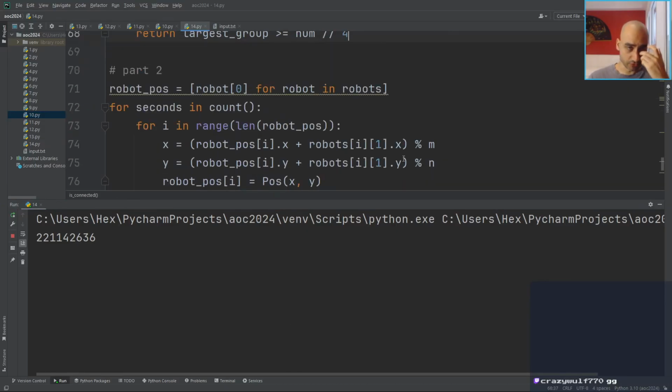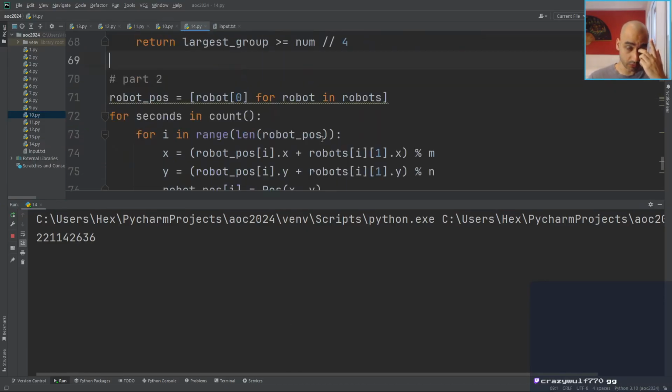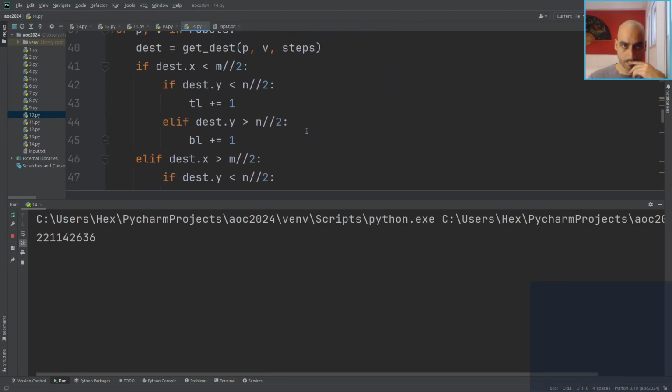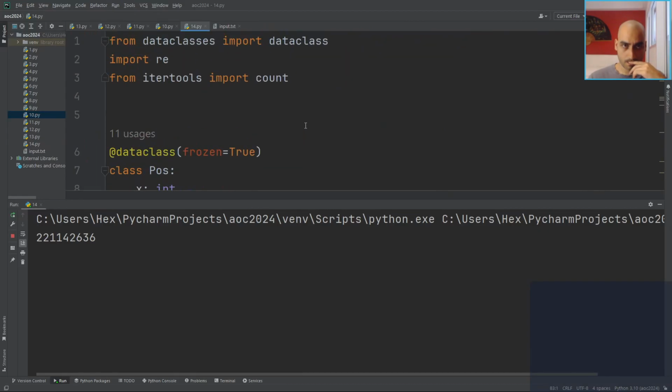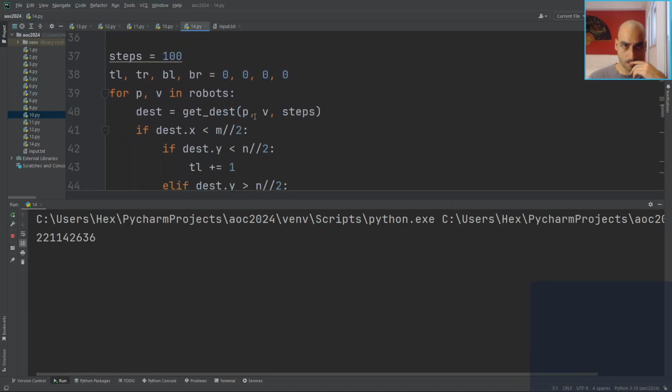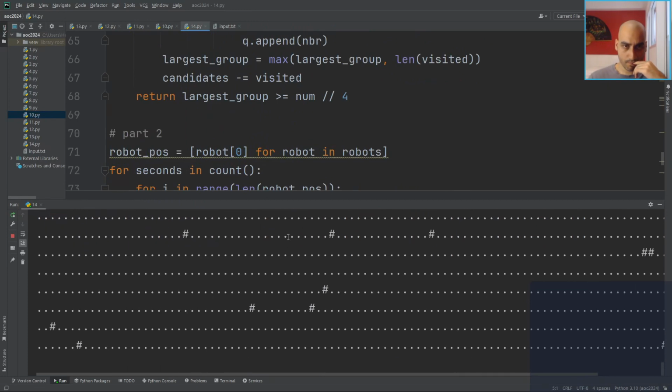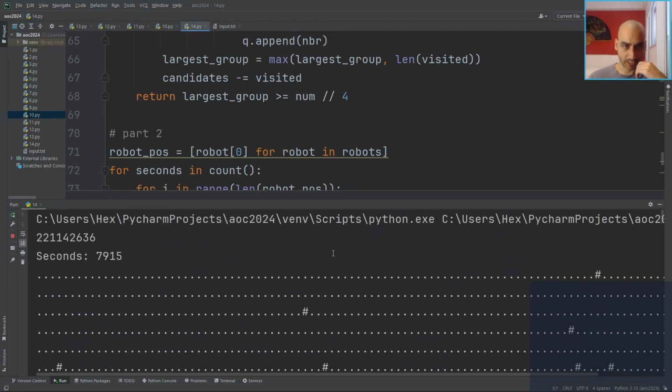I just want a final script that sort of makes sense and isn't too hard-coded. Yeah, okay.